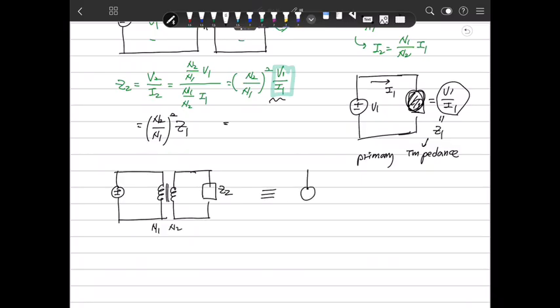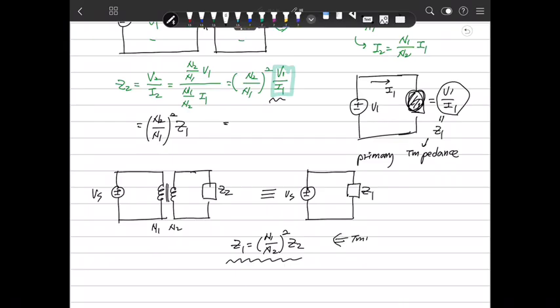This is the same circuit with the same source, Vs. This is Z1, when Z1 is N1 over N2 squared Z2. It's the same thing. So we call this an impedance transformer.